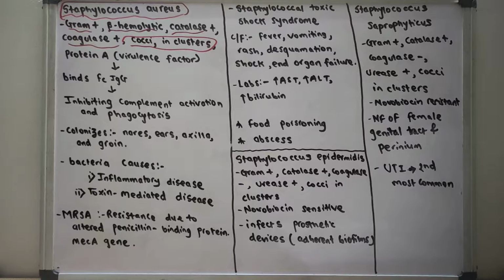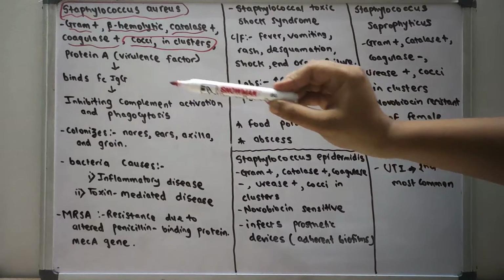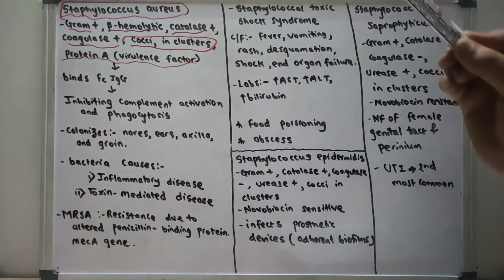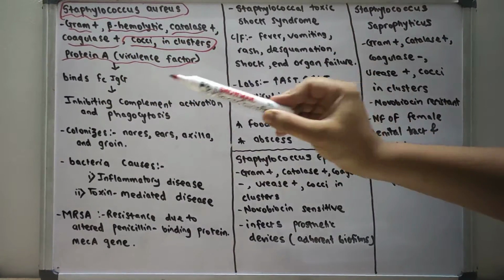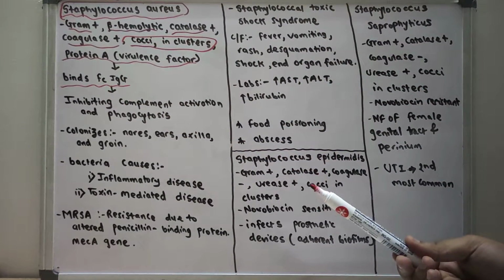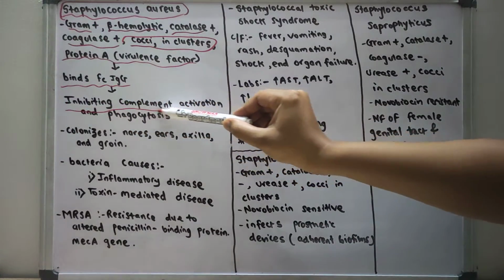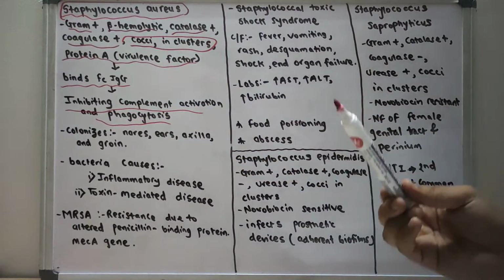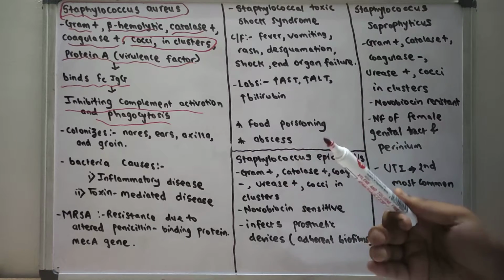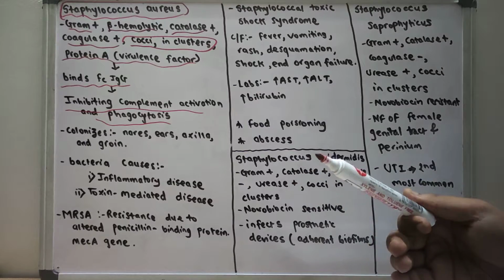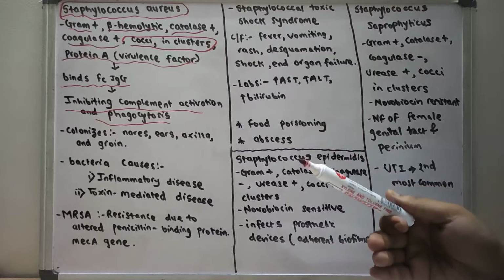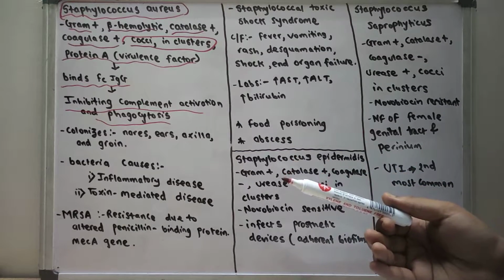How it causes its pathogenesis is that the virulence factor of Staphylococcus aureus is protein A. Protein A binds to the Fc portion of immunoglobulin G, and after binding, it inhibits complement activation and phagocytosis. When there is inhibition of complement activation and phagocytosis, there is compromise in the immunity of the host, and various diseases occur that we are going to discuss now.